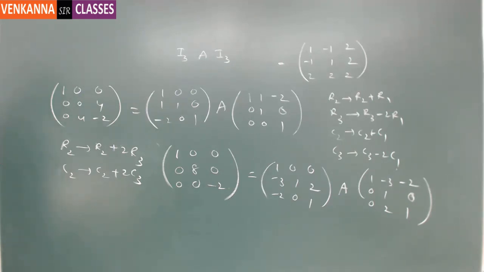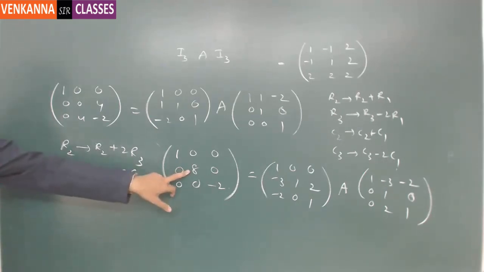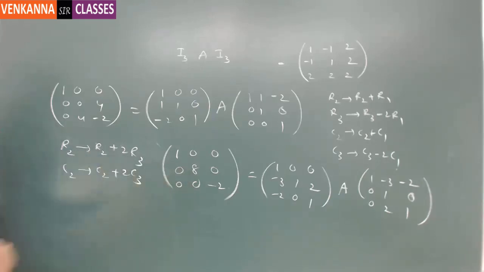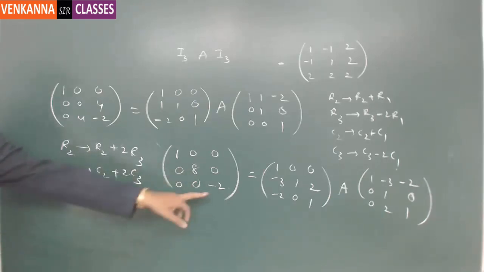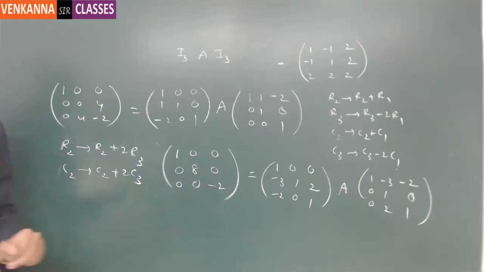Now I can further modify this, the quadratic form. How can I do it? At this place of 8, I can make it 1, and also this 2 can be made 1.